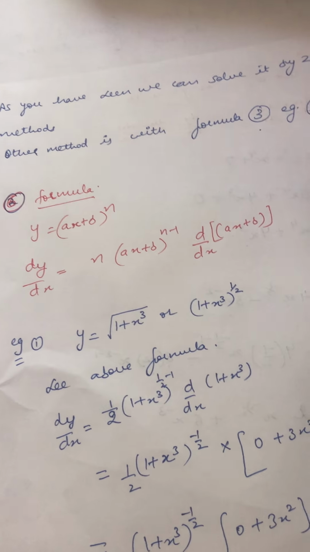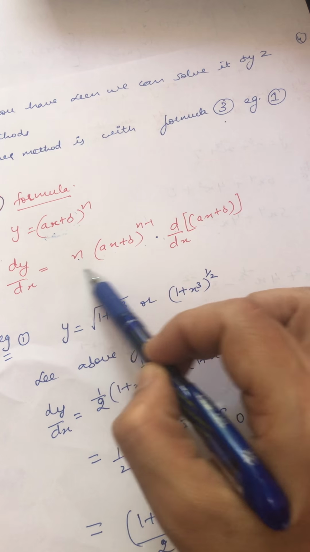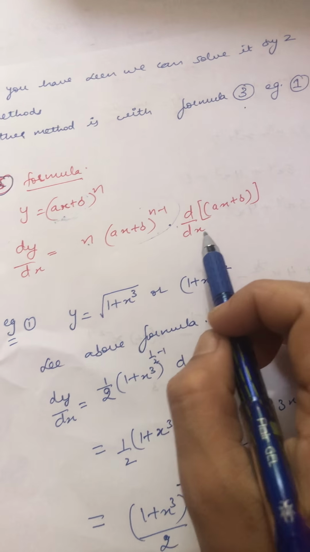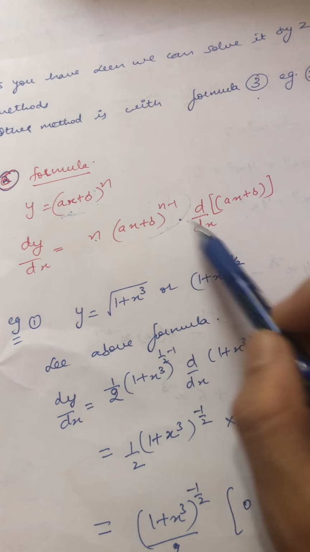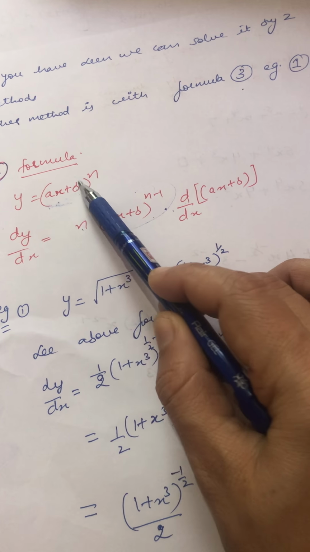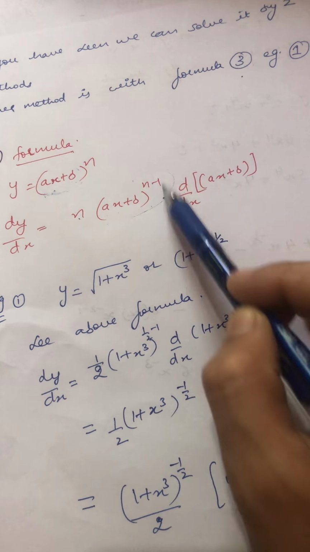Up to here it's the same. Then because this function is not a simple function, it's a complex function, I have to take the derivative of this function and multiply that whole thing with it. So the formula takes the form n (ax plus b) raised to power n minus 1 into the derivative of this complex quantity.